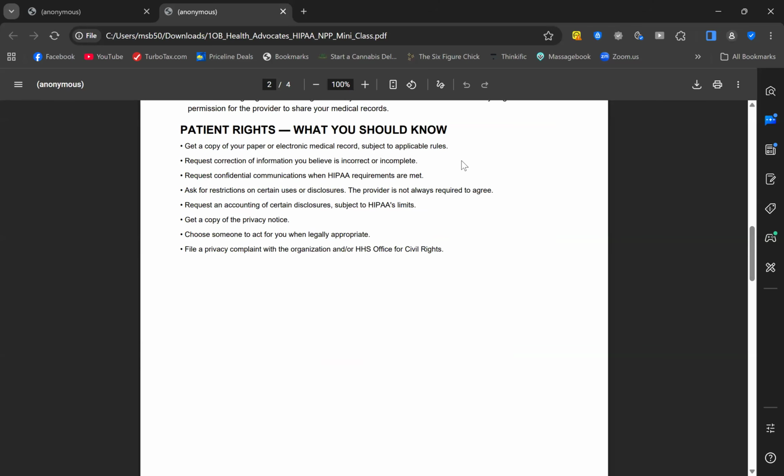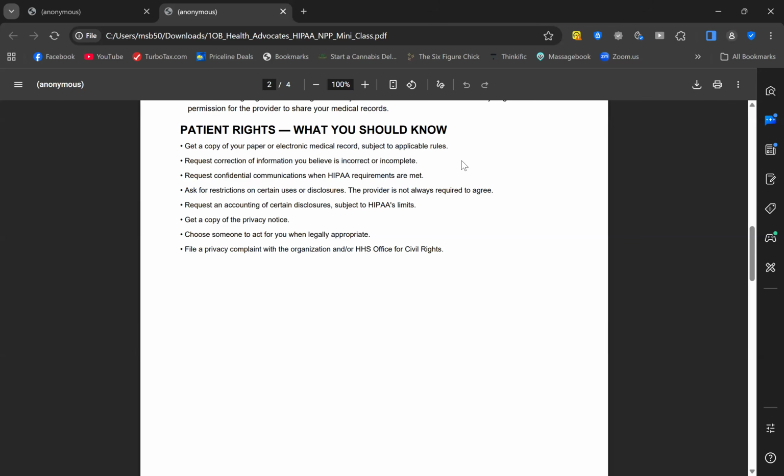Now, with today's technology, people have access to their portal, hospital portal, doctor's portal, some health information portal, where you can go and request those documents.